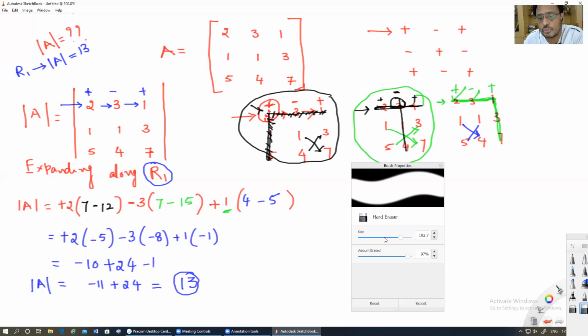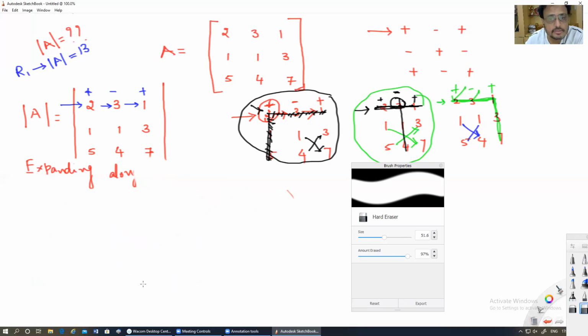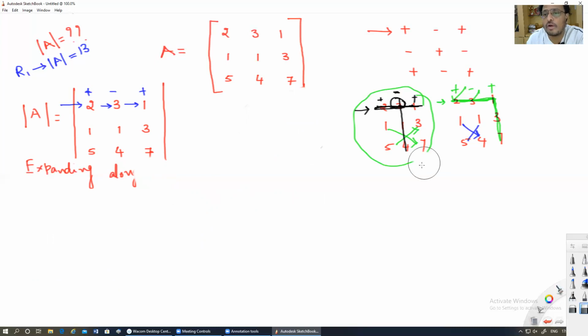Now I'll show you this remaining part. Now I'm going to see how to expand this remaining thing. Row 1 we have already taken.